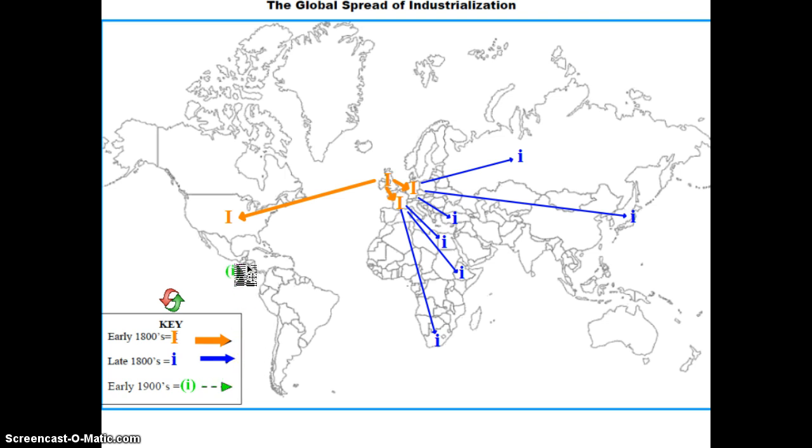Let's place an i, a lowercase i, in parentheses here on Mexico. Mexico industrializes in the early 1900s thanks to a government that led some modernization efforts. But primarily, those modernization efforts brought export goods to the coastline for export.